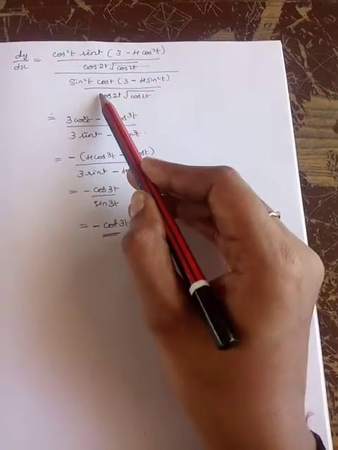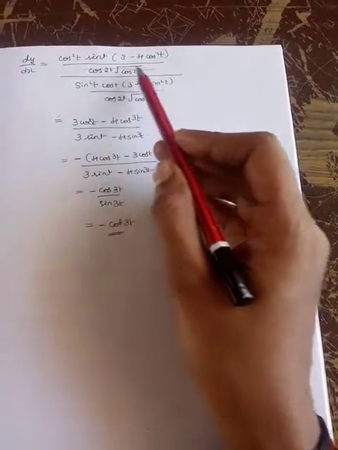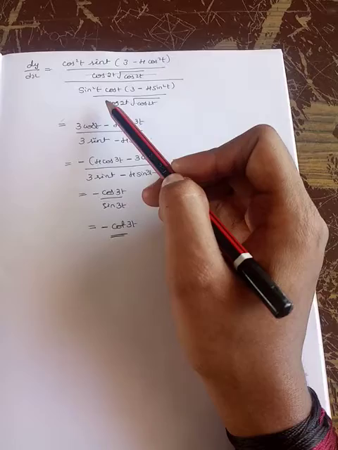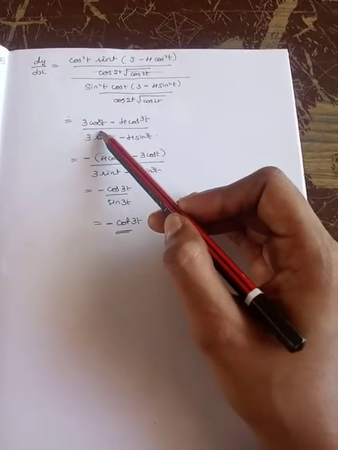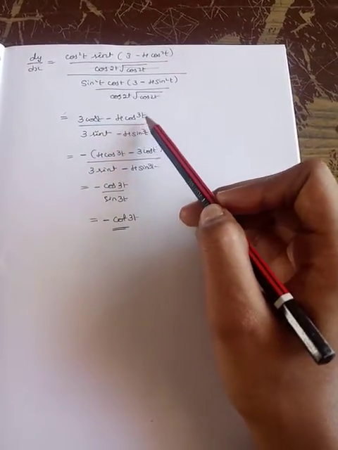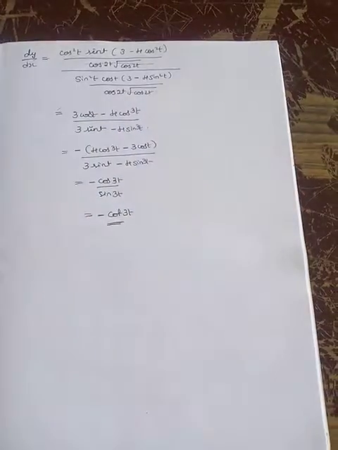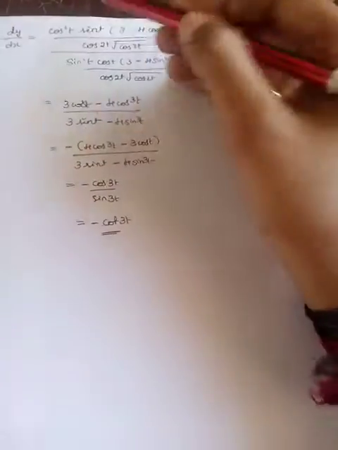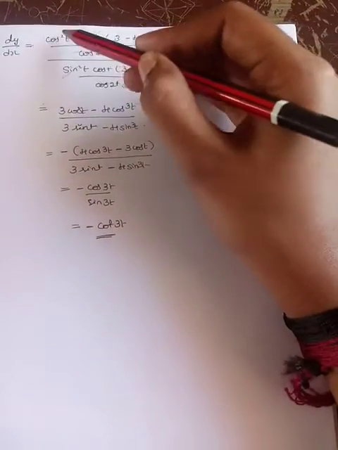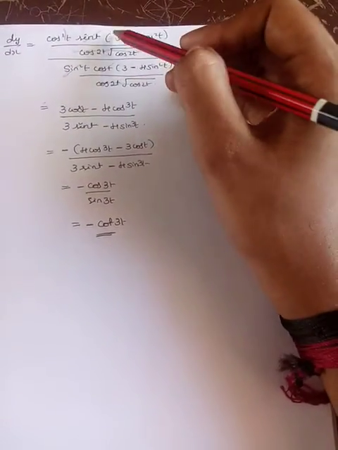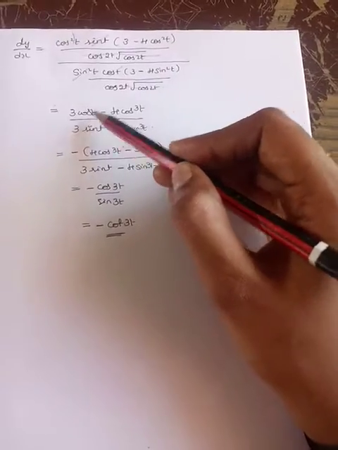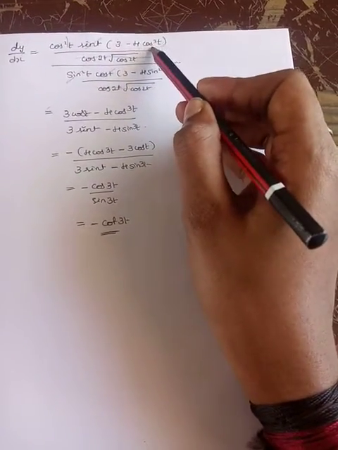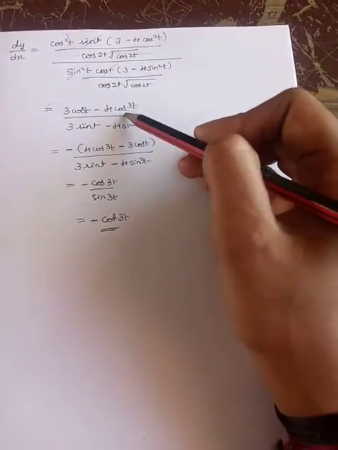Cos 2t into square root of cos 2t gets cancelled, left with 3 cos t minus 4 cos³t divided by 3 sin t minus 4 sin³t. Because here one sin t gets cancelled, one cos t gets cancelled, 3 into cos t is 3 cos t minus 4 into cos²t into cos t is cos³t.